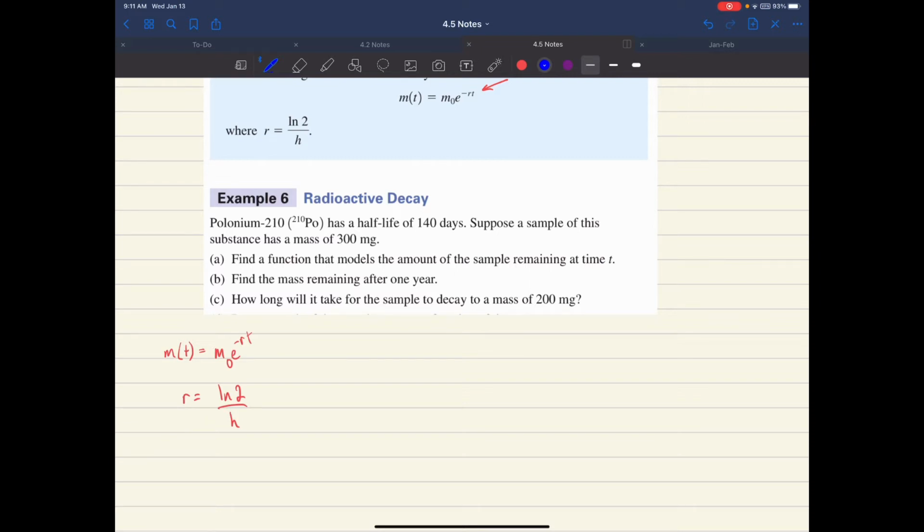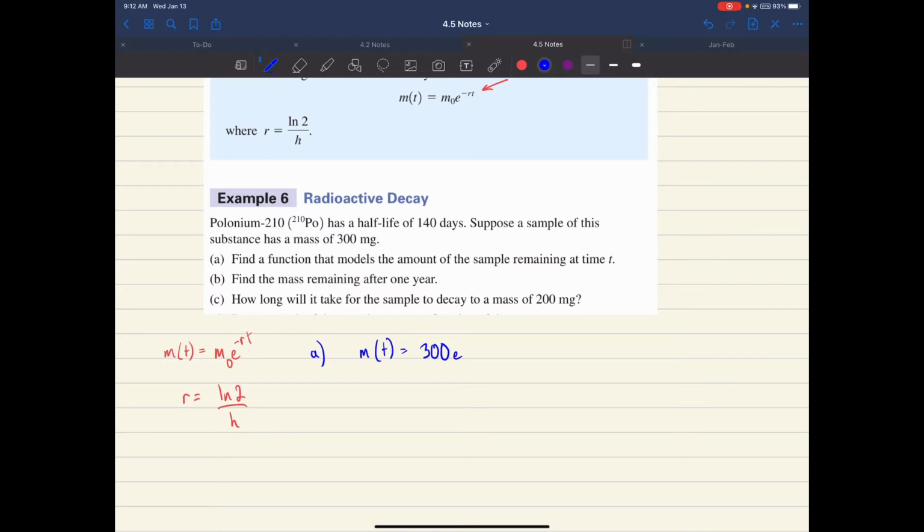So m of t, this would be a. It says that the initial mass is 300. And this would be e. And then we don't have r, but it does tell us the half-life.